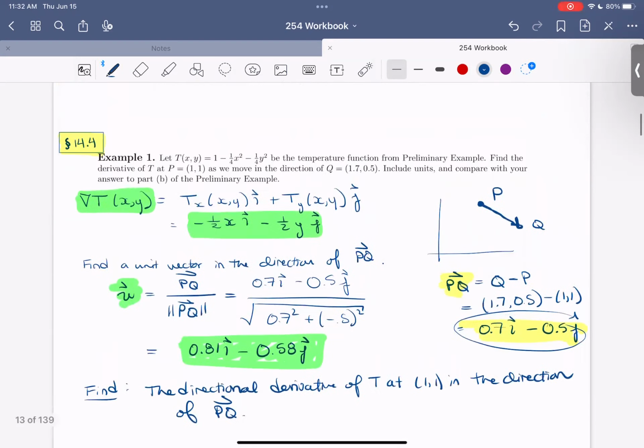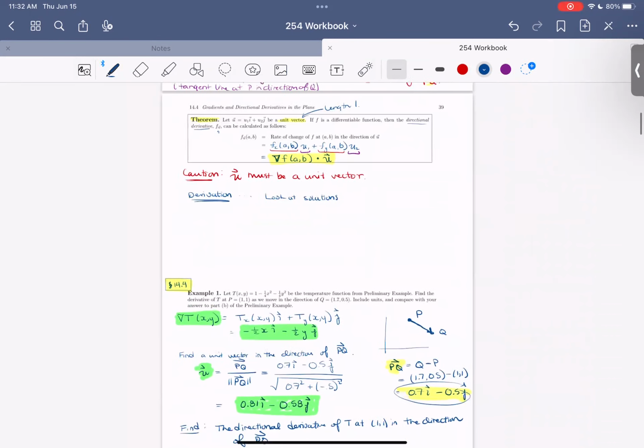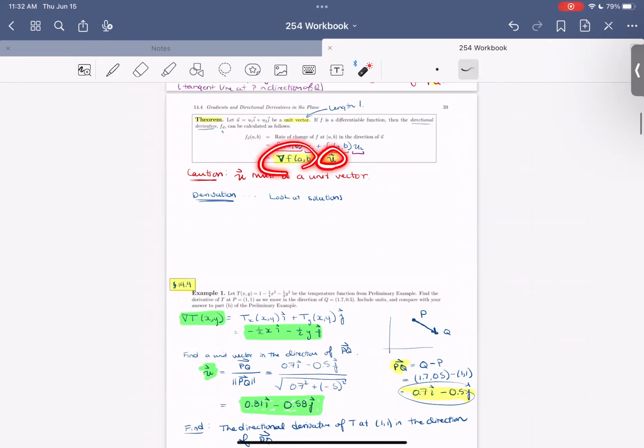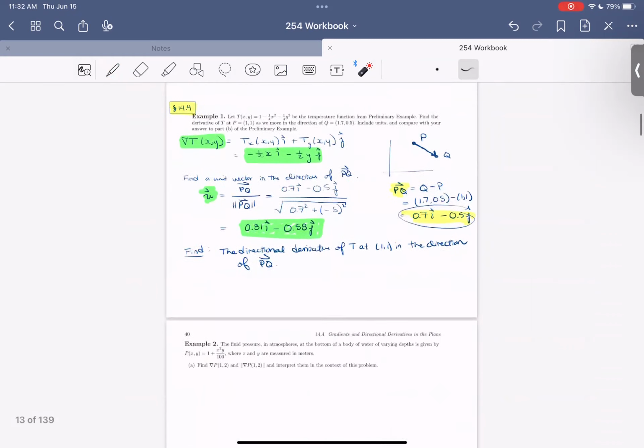To do that, we found the gradient and a unit vector that's in the direction of PQ. So we just need to take the dot product between them.